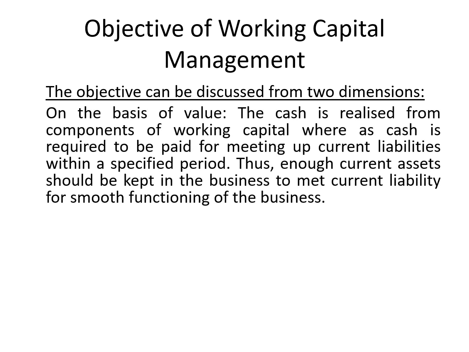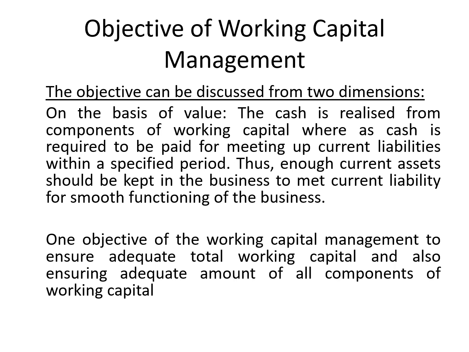One is on the basis of value. The cash is realized from components of working capital, whereas cash is required to be paid for meeting of current liabilities within a specified period. Thus, enough current asset should be kept in the business to meet current liability for smooth functioning of the business.